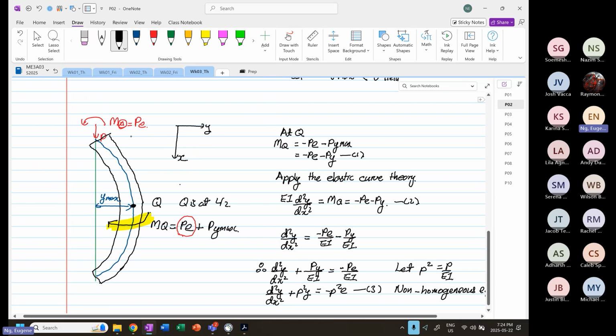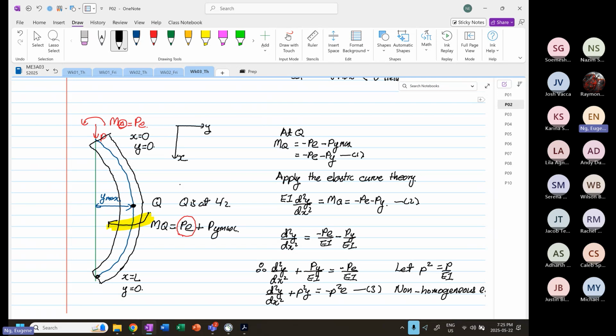Okay. So this is where x is equal to 0, right? Y is also equal to 0. At the other end over here, when x is equal to L, we have y is equal to 0. Okay.